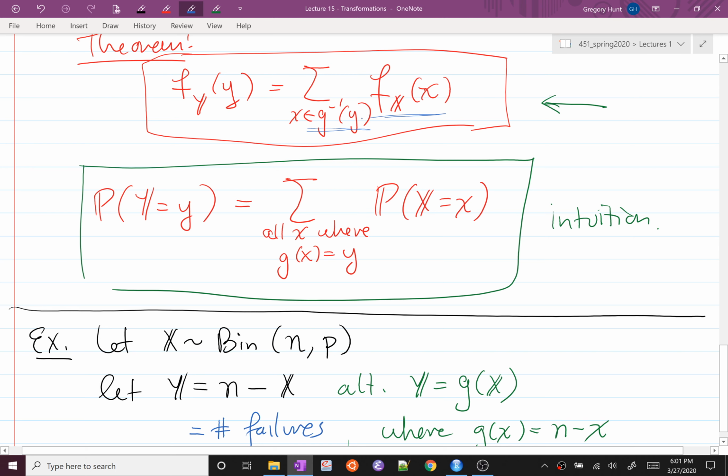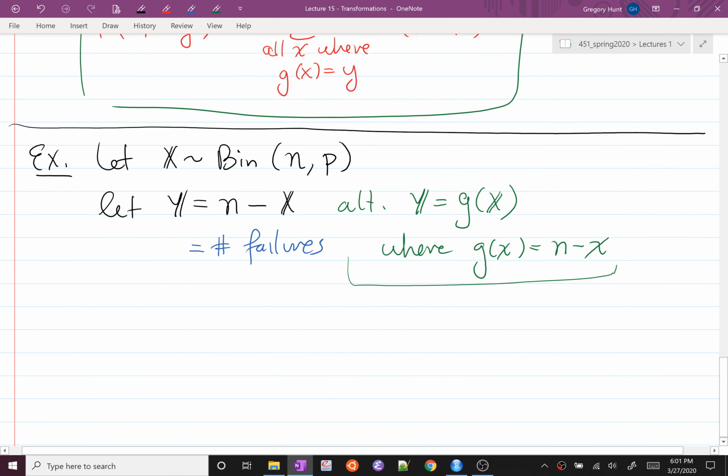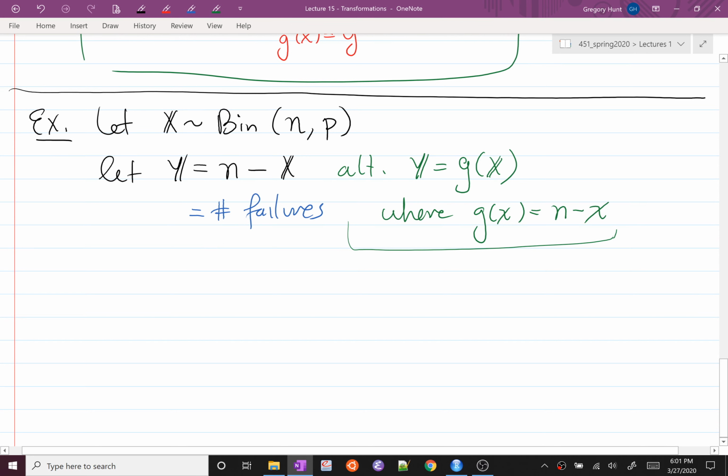Well, we've gone over the PMF before, so we know that. So let's just look at the inverse function here. And actually, in this case, g is a one-to-one function. So the inverse image of g is just the typical functional inverse. So for one-to-one or invertible functions, the inverse image is more or less the same thing as just the normal function inverse, right?